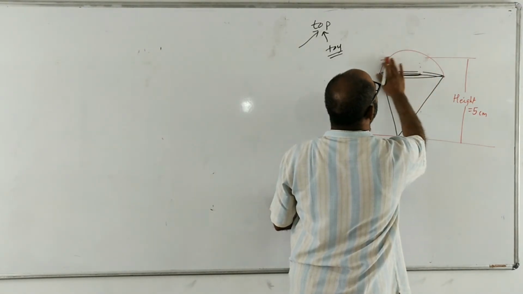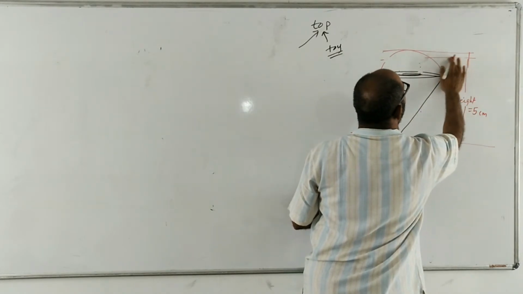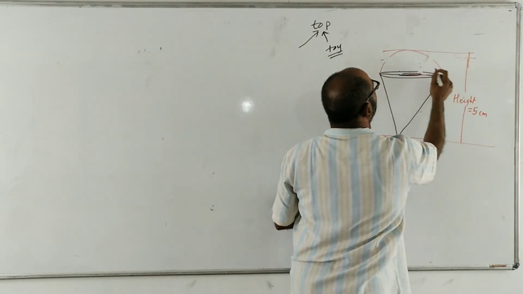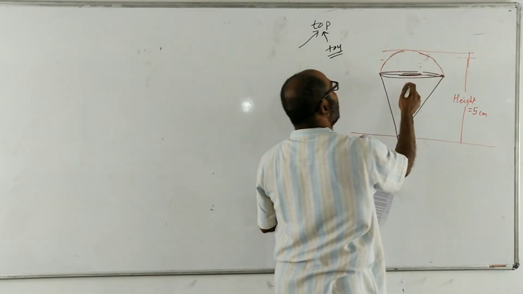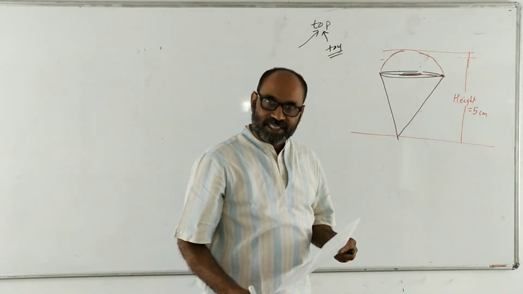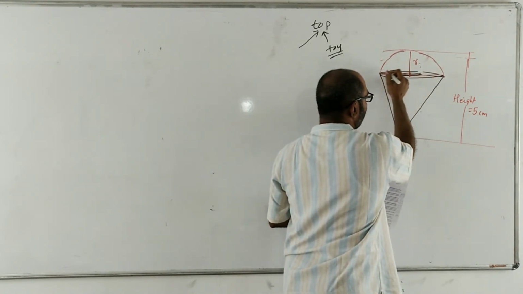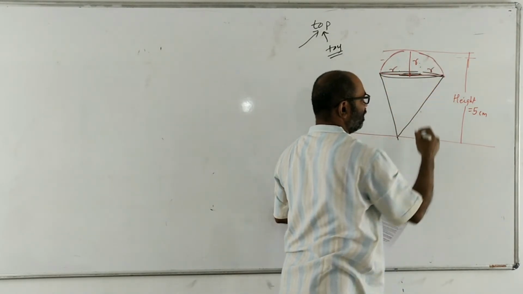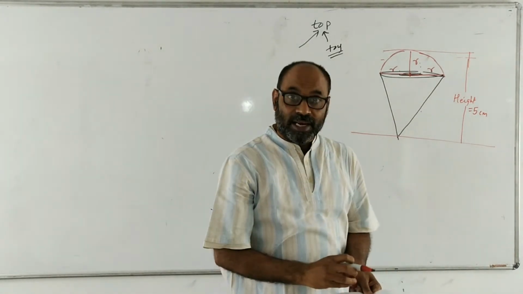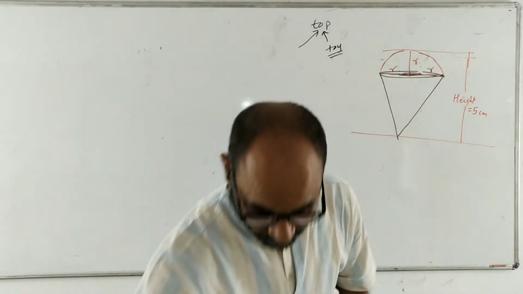This will be of the same size. Alright, diameter for both the hemisphere and the cone is same. So, alright, this is radius, radius and radius. That is the radius of the hemisphere.